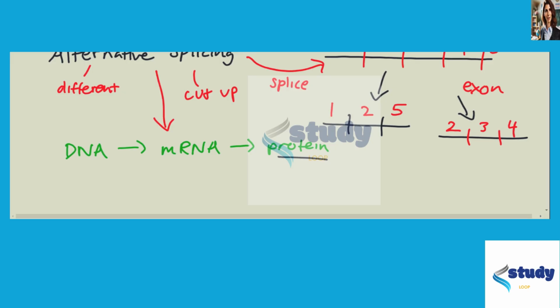And each exon combination will give us a different protein. So let's say that this mRNA will be translated and will give us a green protein. Whereas if this mRNA was translated, it would give us a blue protein, right? And this is the method of alternative splicing, where we can take our mRNA, put it through different combinations to give us new types of protein.